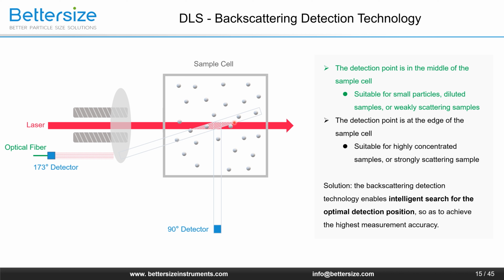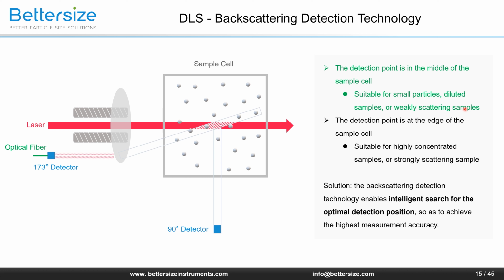When the detection point is in the middle of the sample cell, compared with the 90-degree design, the scattering volume is so large that the detector receives many scattering signals from the particles and increases the sensitivity of the instrument. It has better detection ability for dilute samples, which have smaller sizes and weaker scattering effects.